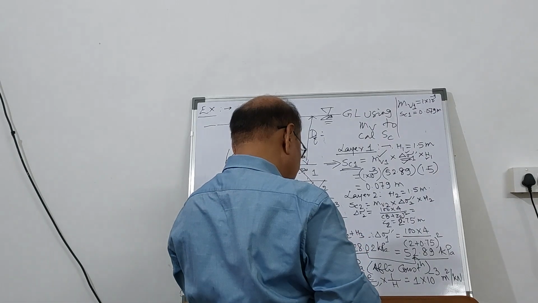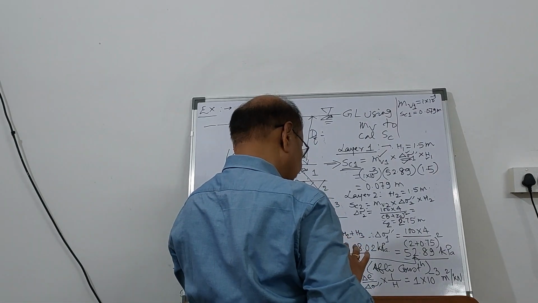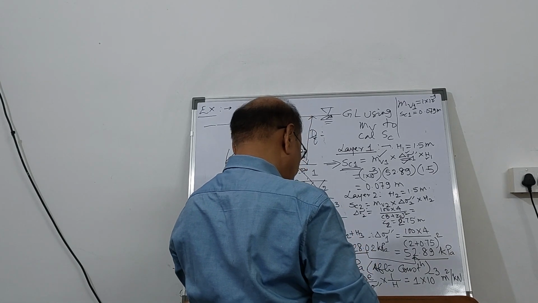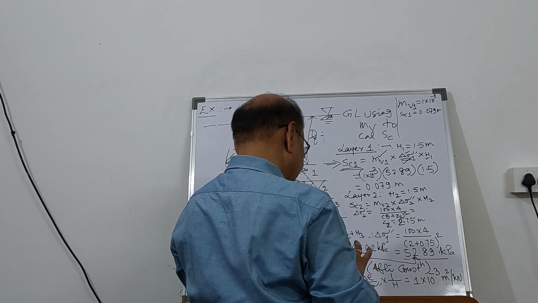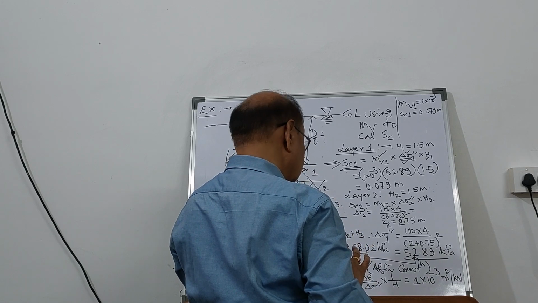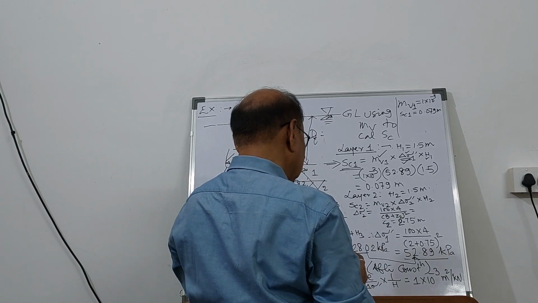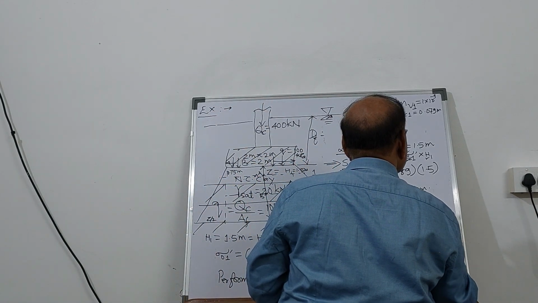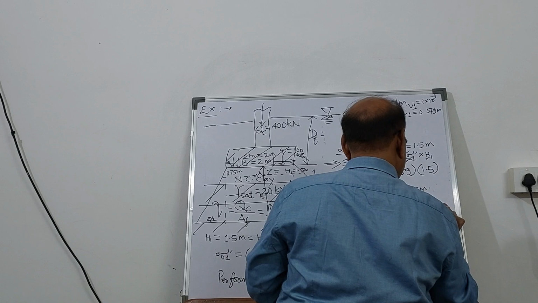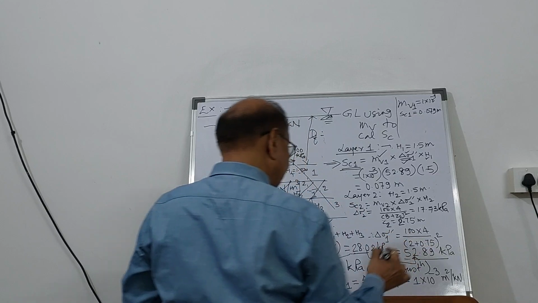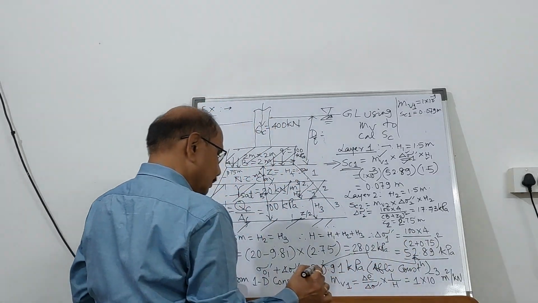So we can calculate 400 divided by 4.25 square. This is 17.73 kilopascal.